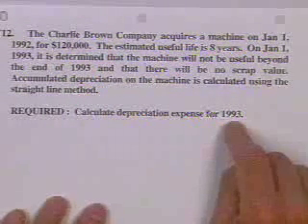Now, the key thing to understand here is that you are basically writing off the balance of the asset during 1993. So you paid $120,000 for it up front. You are going to then record the loss in the next year.